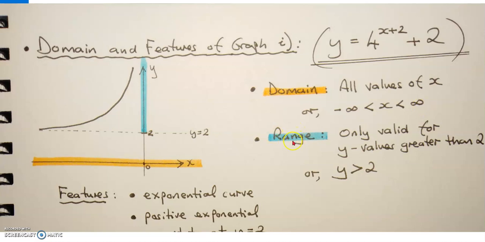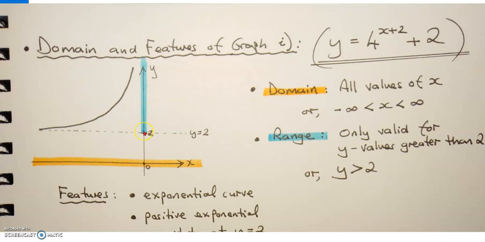Now, as for the range, we're asking the same questions, but this time for the y values. In other words, for what y values is this function, this graph, valid? In other words, for what y values does this function exist?